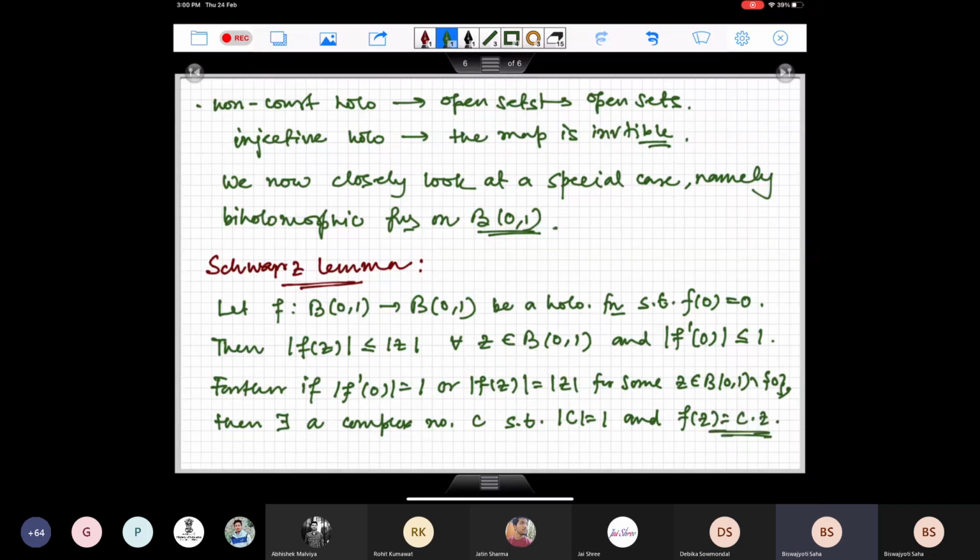What I'm trying to say is that you can keep these kinds of examples in mind, that f of z is equal to some constant times z.